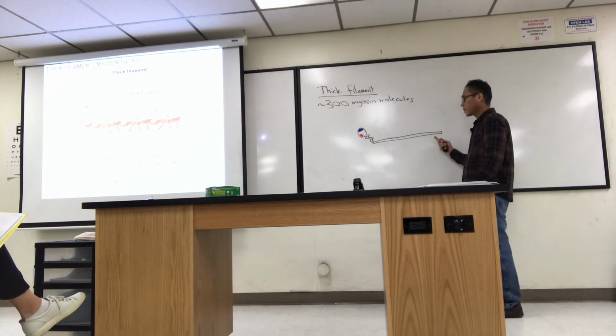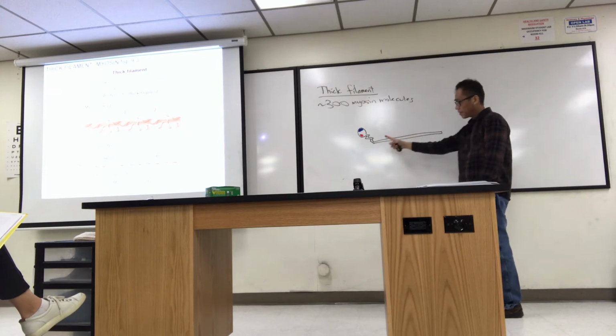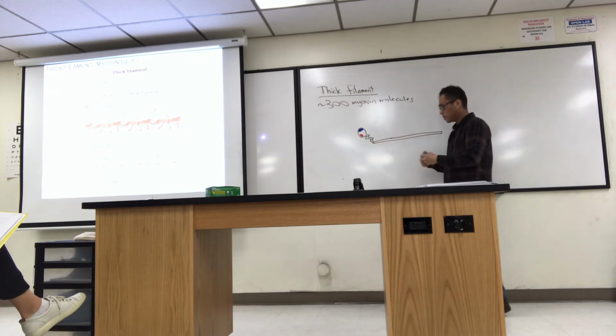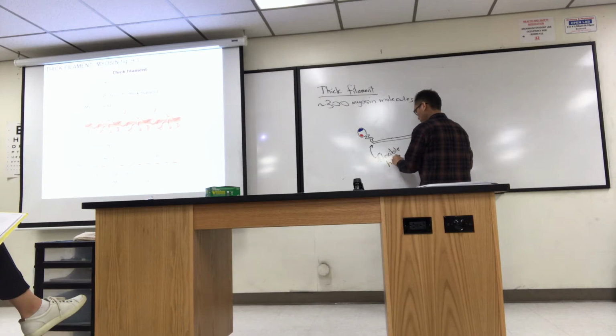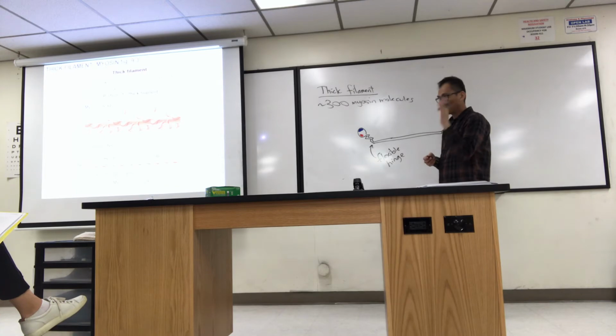So the tail is like, this kind of looks like string cheese, right? But tail is like one little string. But that neck is flexible for movement. Flexible hinge is what they call it. Basically, it pivots. It allows the head to pivot.